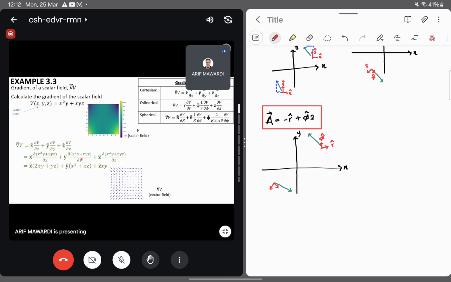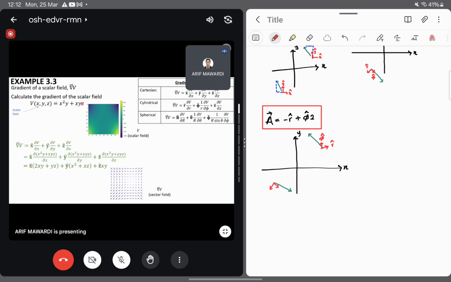For this calculation, I will make a separate video explaining how to calculate the gradient. But now you notice that this is your scalar field. How do you know that this is a scalar field? You know because you can see that there are no unit vectors in this expression.